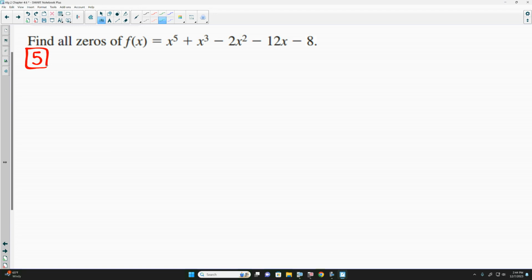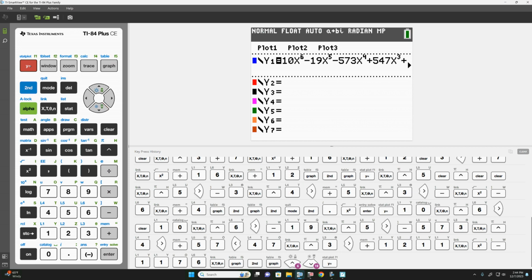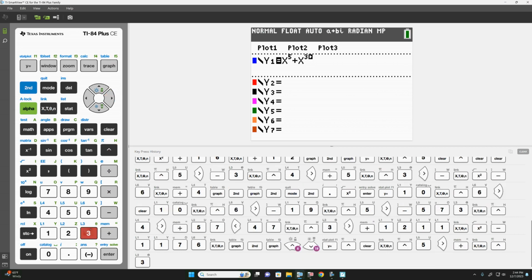Or, which I think is the preferred method, we take the graphing calculator and graph it: x to the 5th plus x cubed minus 2x squared minus 12x minus 8.